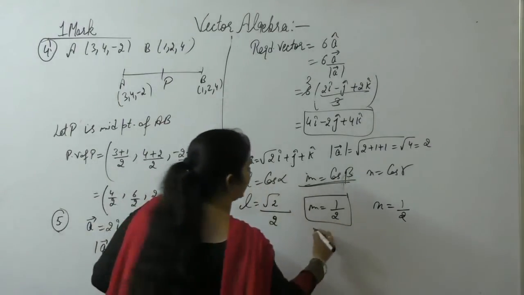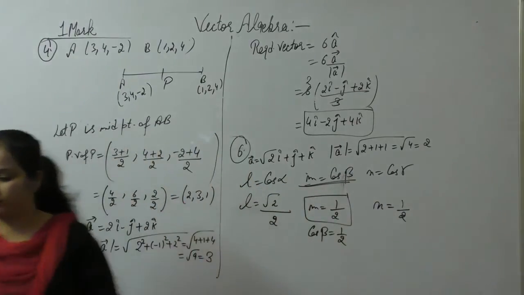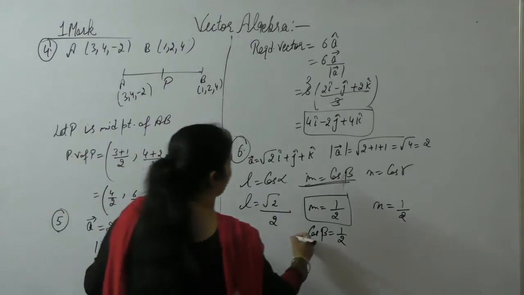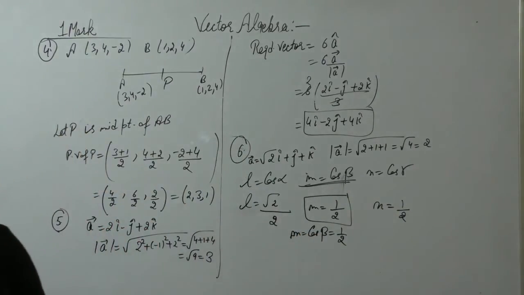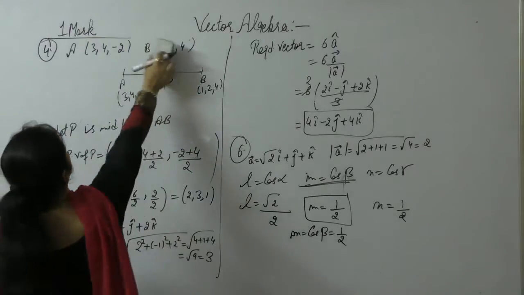So m is 1 by 2, cos beta is 1 by 2. We just want to find the cosine of the angle, so cos beta is 1 by 2.